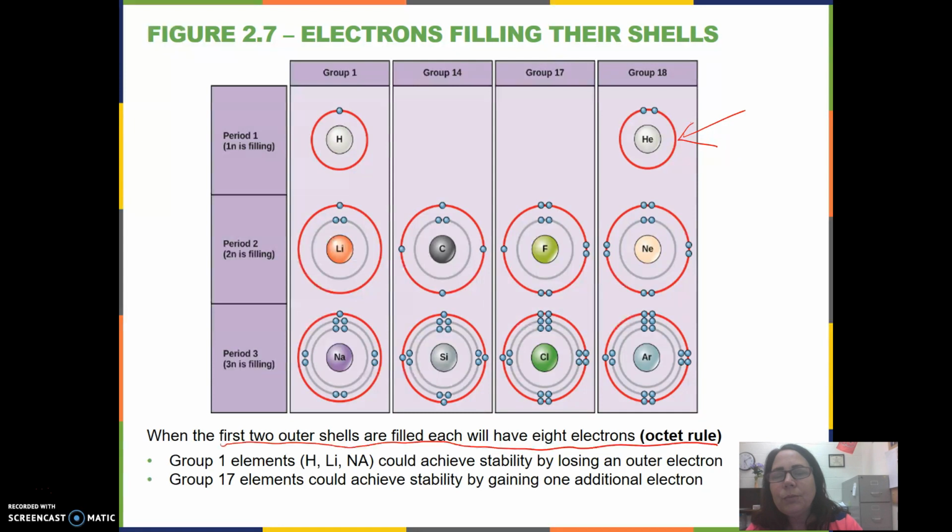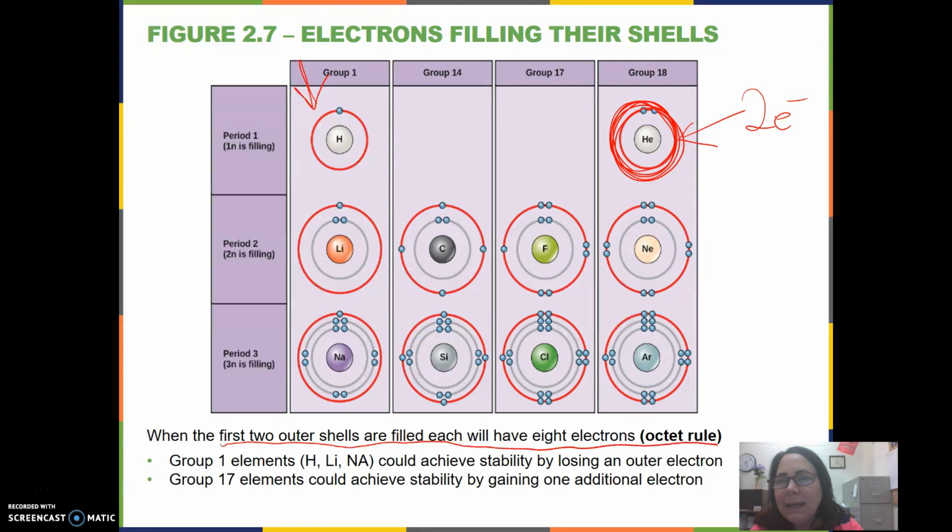So if you look at group 1, the atoms in group 1 are unstable because hydrogen would be stable if it had 2, because 2 electrons would fill its first energy level. Helium is stable because its first energy level is filled with 2 electrons. But hydrogen is unstable because it only has 1 electron.